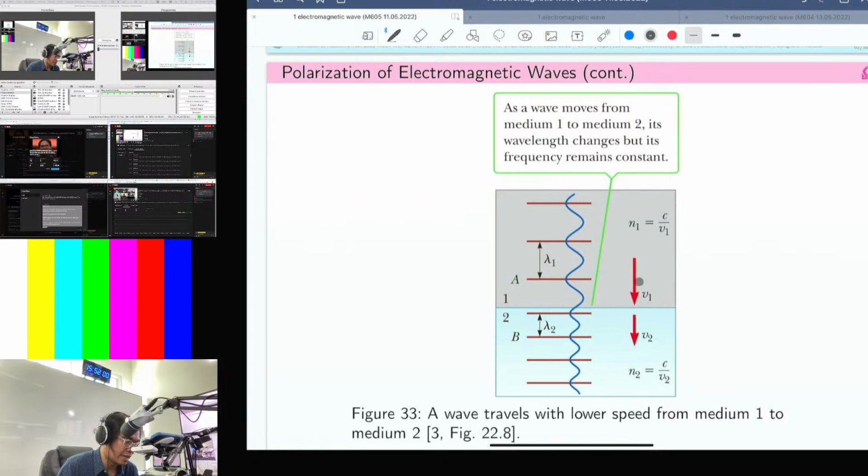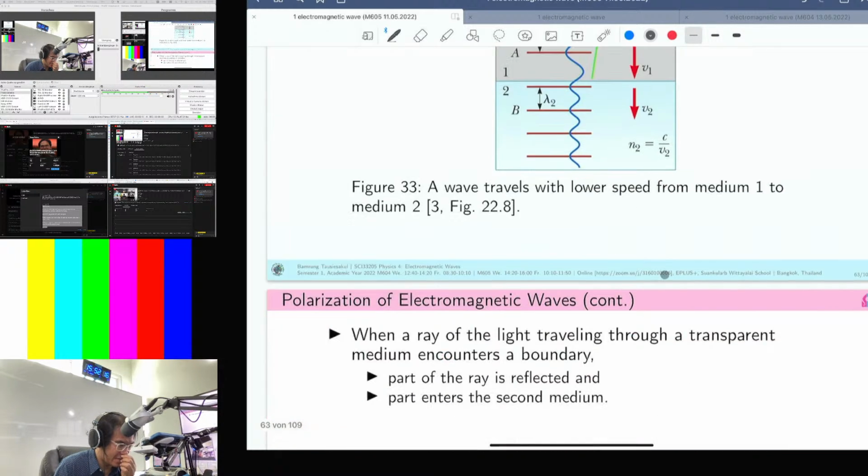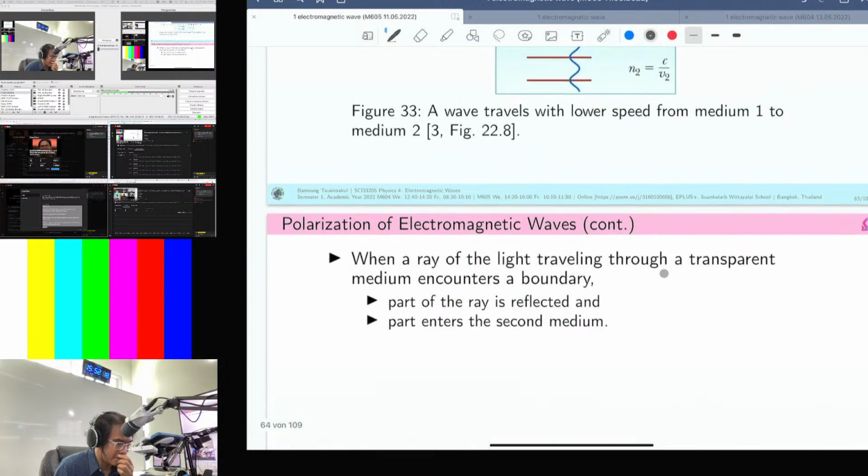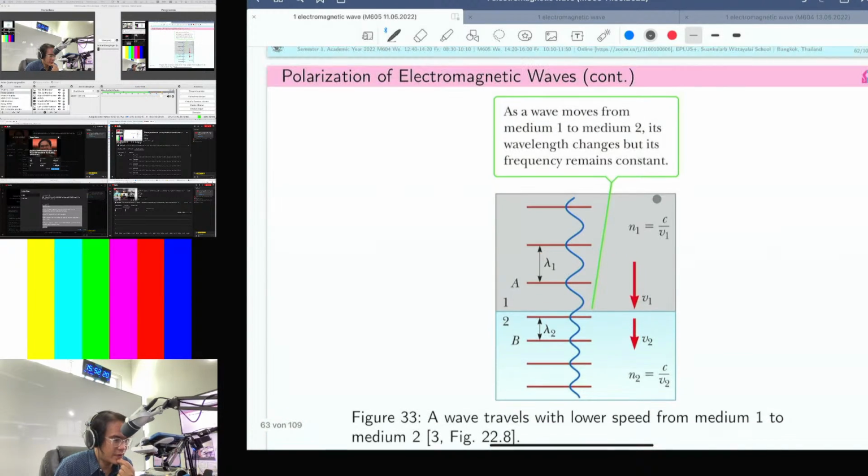V2 would be less than V1. And there is a value which is called N1, the relative refractive index. I think refraction index. It's the ratio relative to the speed of the light, which is 3 times.